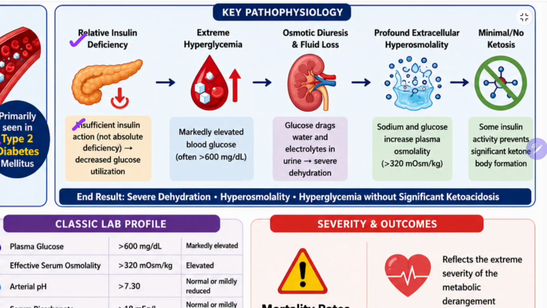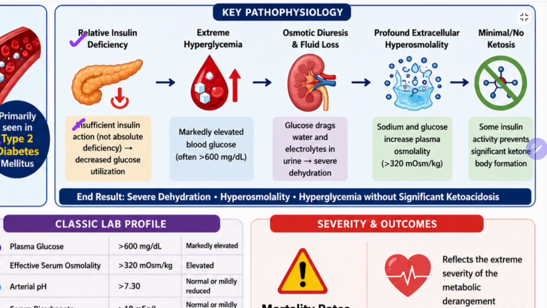That's why there is no lipolysis, so there are no free fatty acids, no ketonemia, and no acidosis. So insulin levels will be at a level that suppresses the lipolysis but will not suppress the hyperglycemia. That is the key difference in pathophysiology.